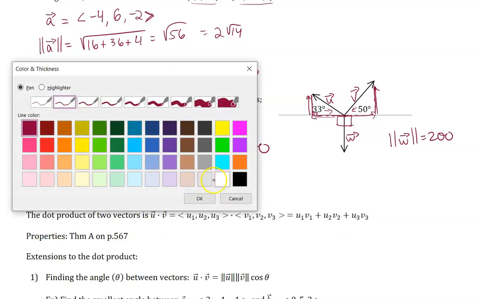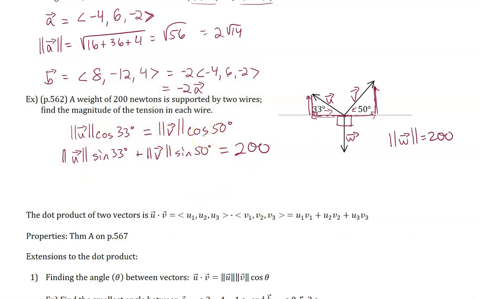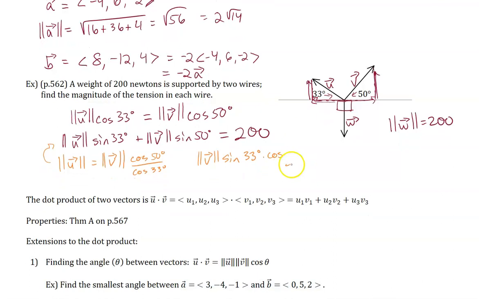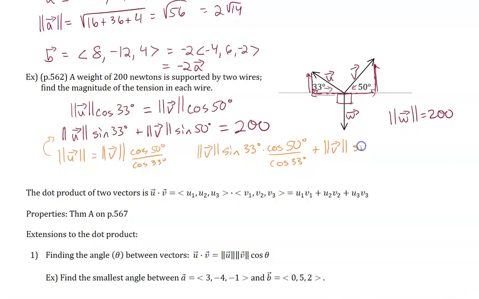I'm going to take the first equation and divide everything by cosine 33, so we end up with the magnitude of U equal to the magnitude of V times cosine of 50 over cosine of 33, and then we can plug that into the second equation, so we get the magnitude of V times sine 33 times cosine 50 over cosine 33, plus the magnitude of V times sine of 50 is 200.